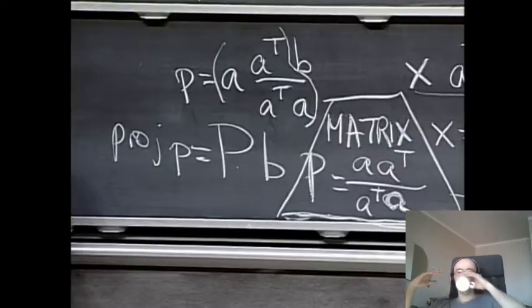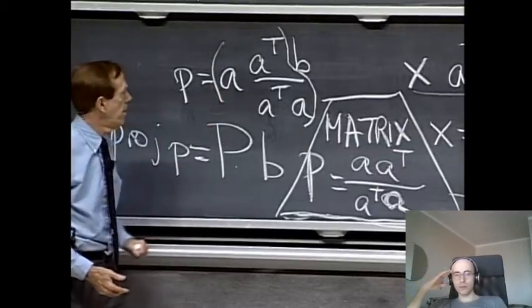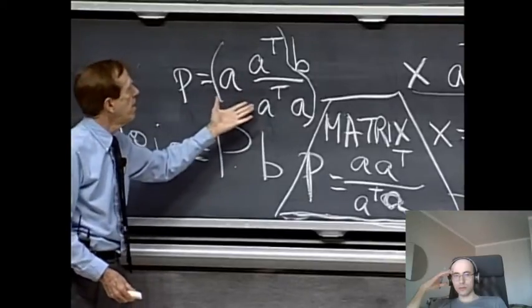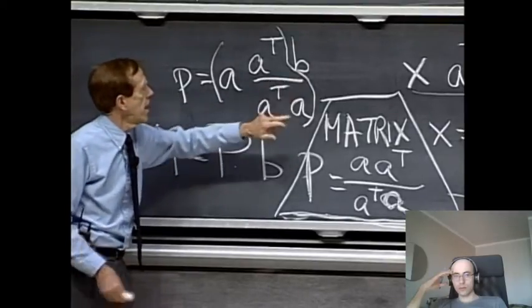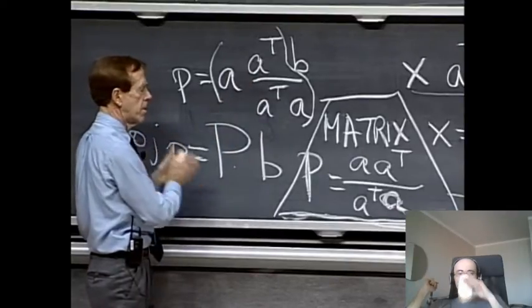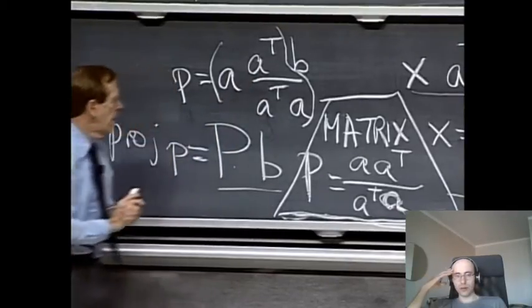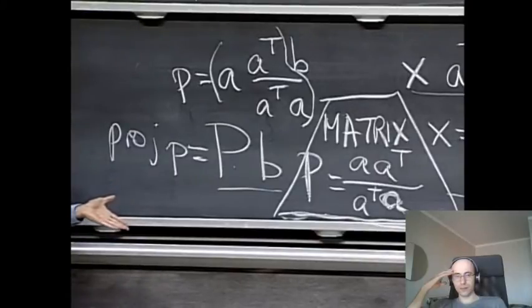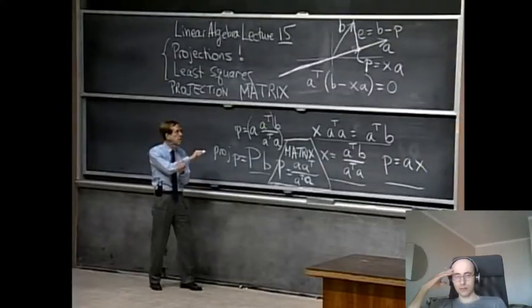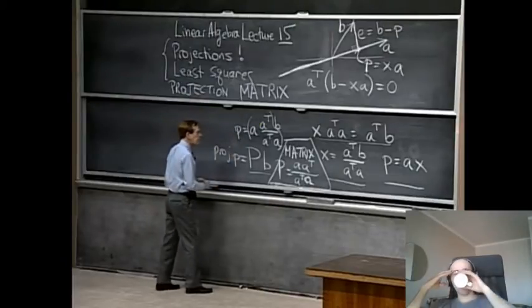Now, what space do we always land in? What's the result when I multiply any vector B by my matrix? So I have P times B. Where am I? I'm on that line, right? The column space. So here are facts about this matrix.